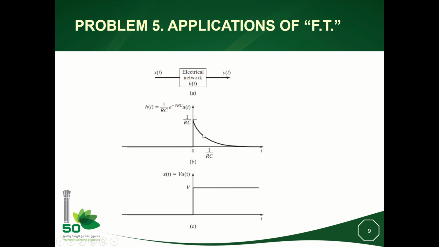So h(t) is a part of a decaying exponential function, and x(t) is a simple step function of terminal value equal to V and a step time equal to 0. The objective is to get the signal y(t).